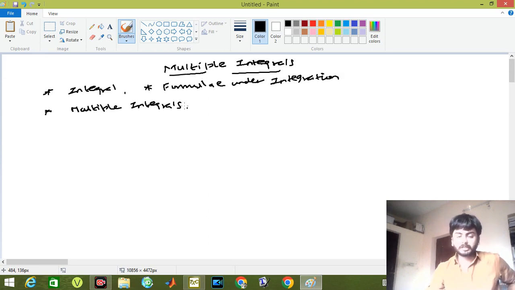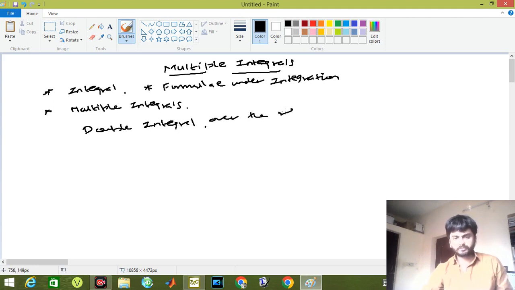So in multiple integrals we will consider a function with two limits. Suppose I am taking a double integral over the region R. See here, this is my x and this is my y.